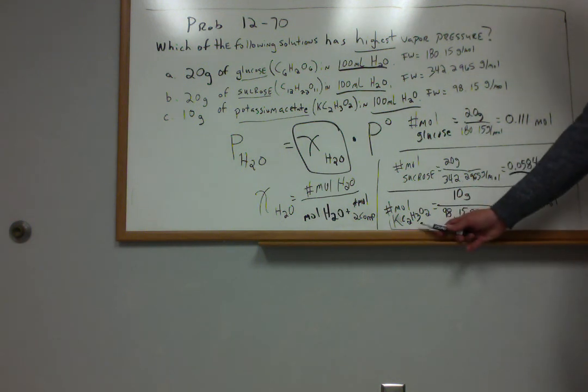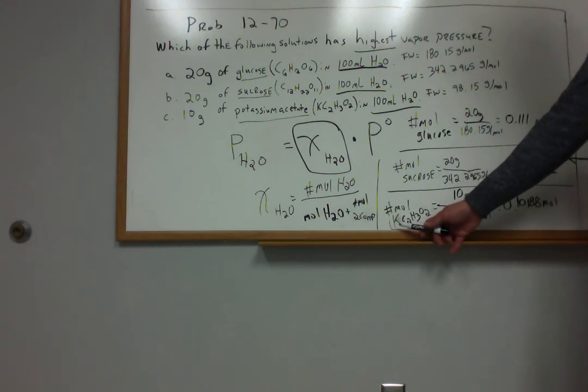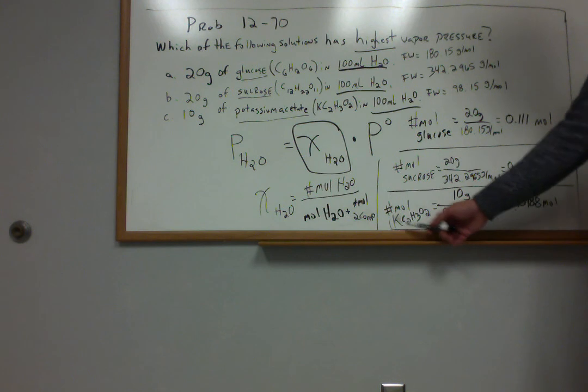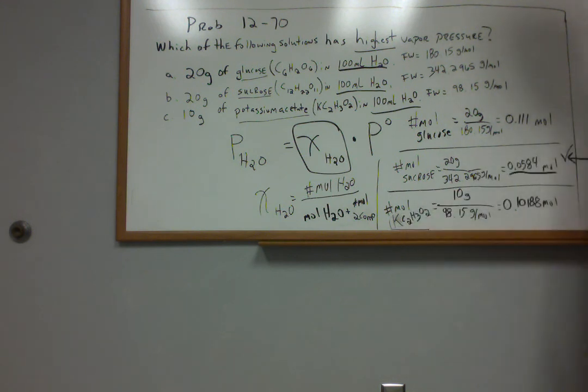When this one dissolves in water, the ions break up. So 1 mole of this dissolved in water will actually produce 2 moles of particles. One of the moles will be K+ ion, aqueous, floating around. The second will be 1 mole of acetate floating around. So you actually get 2 moles of products for every 1 mole of the stuff that dissolves.